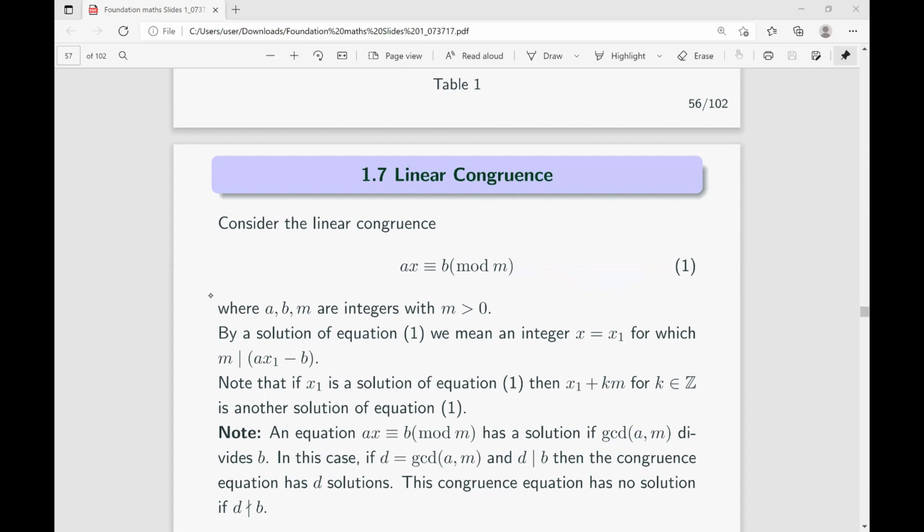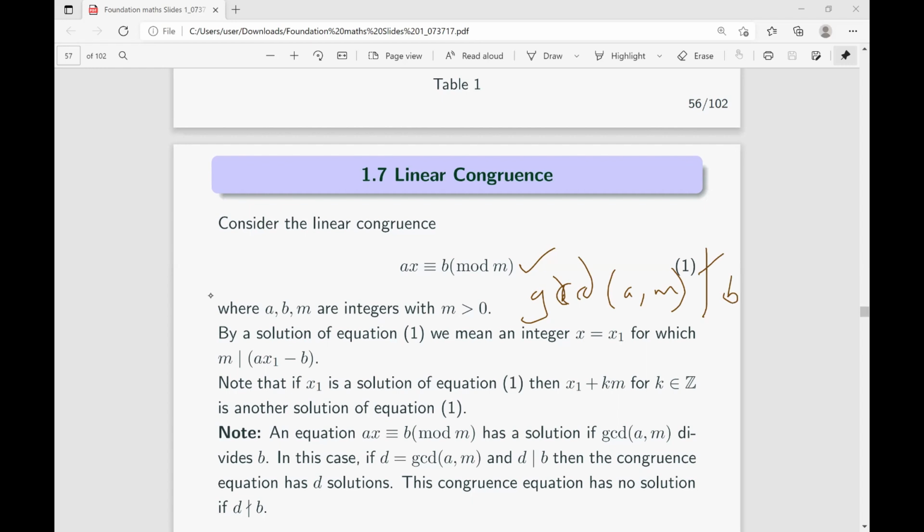We've already said that for this equation to have a solution, the GCD of A and M must divide B. If the GCD does not divide B, and I've already crossed that, cross means it does not divide.